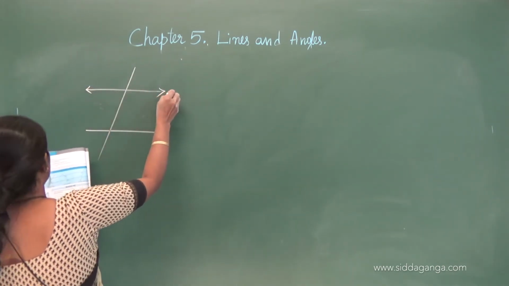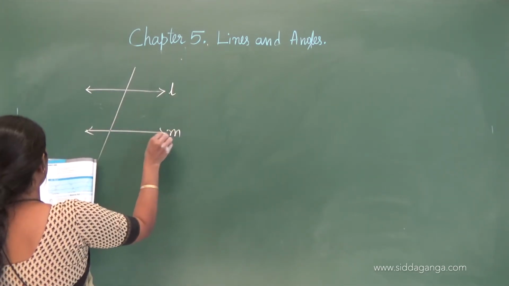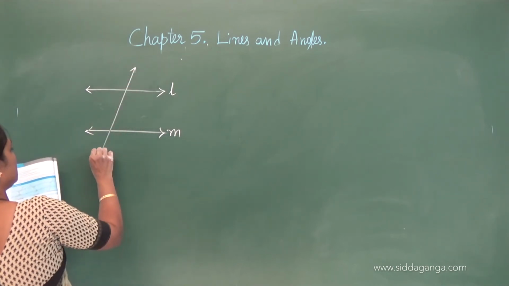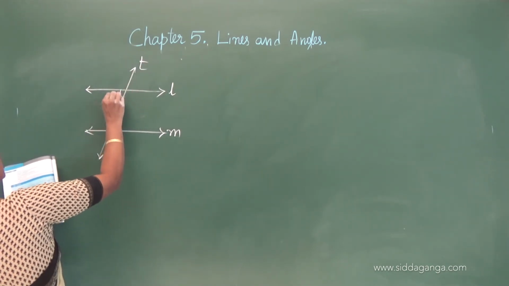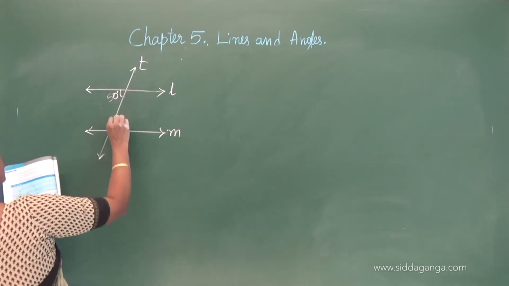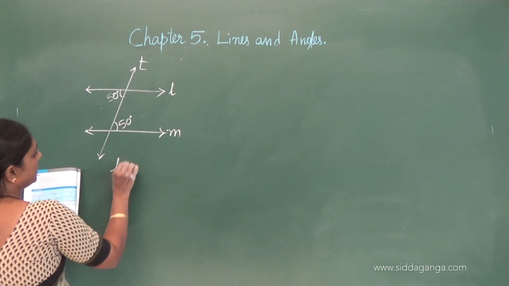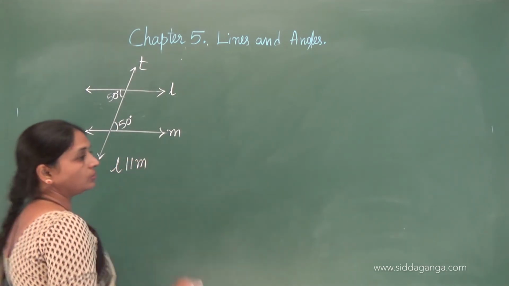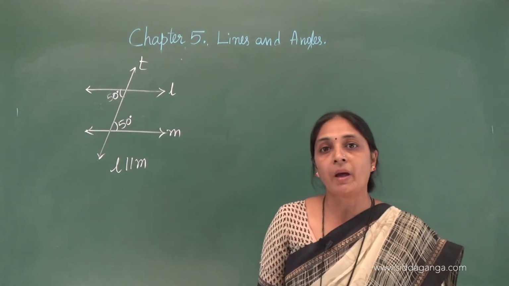It's L, it's M, and this line is the transversal, T. They have given that it's 50 degree and it is also 50 degree. They are asking why L is parallel to M. Can you give the reason why these two lines are parallel?